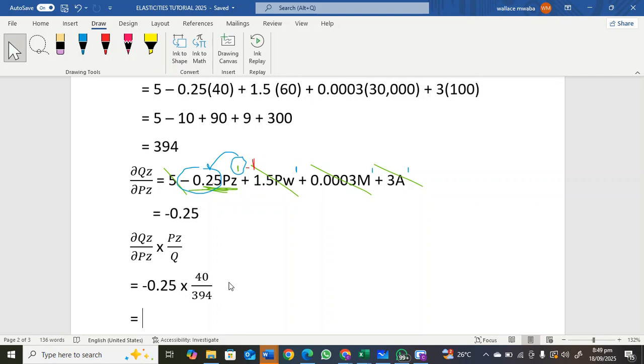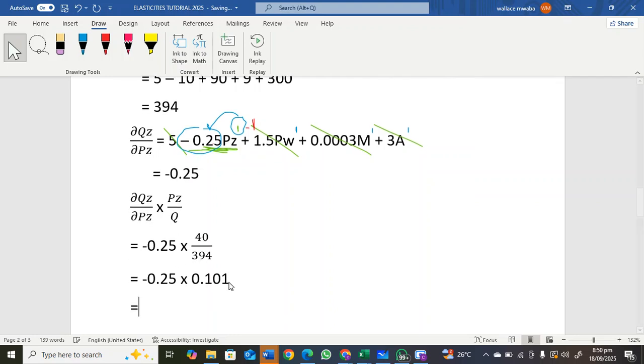So you do 40 divided by 394. 0.101. Then 0.101 times negative 0.25. We get negative 0.025. Okay.